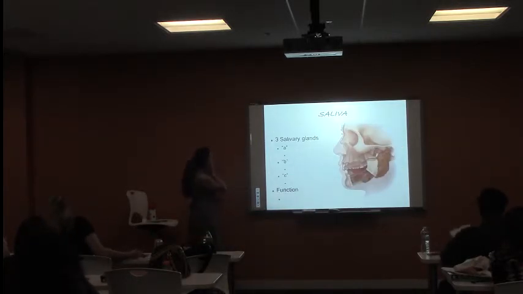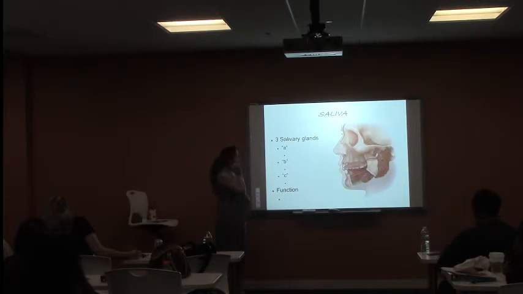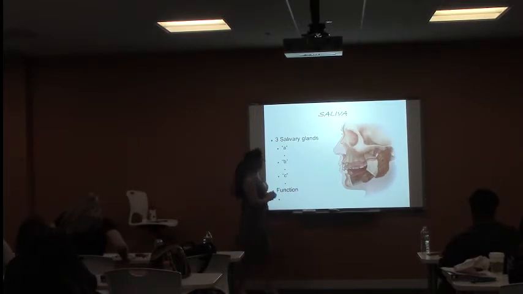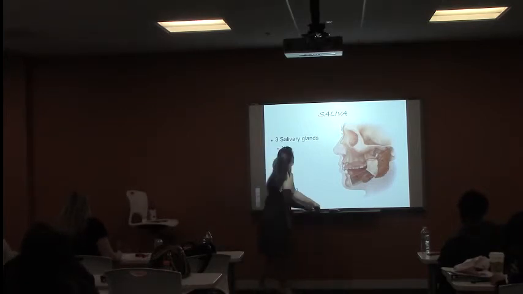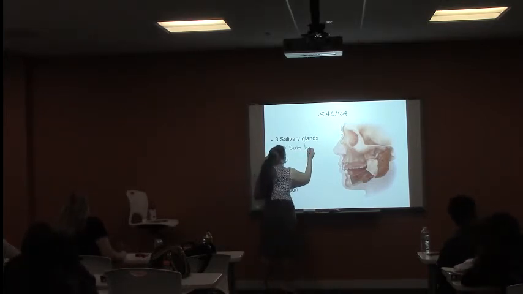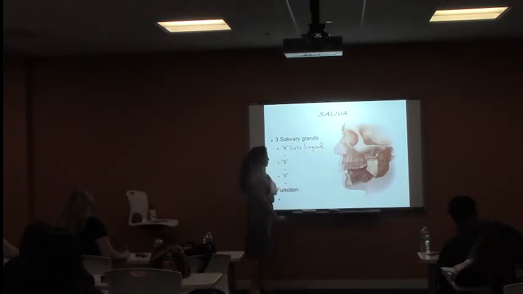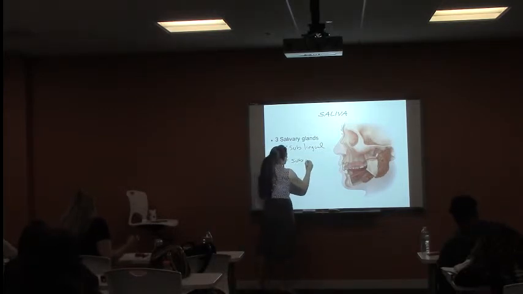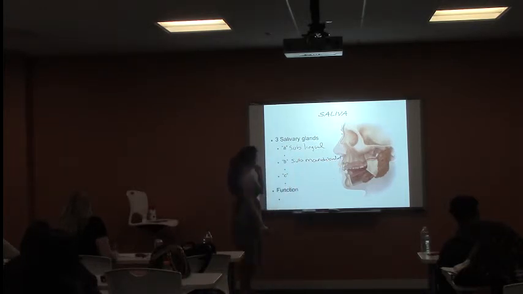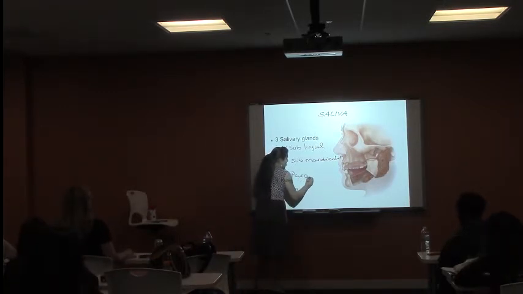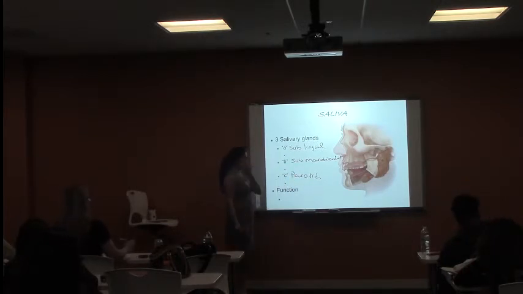Now let's talk about saliva. Saliva is produced by three salivary glands. A in the image is sublingual, underneath the tongue. B is submandibular. And C is parotid, which is inside the cheek.